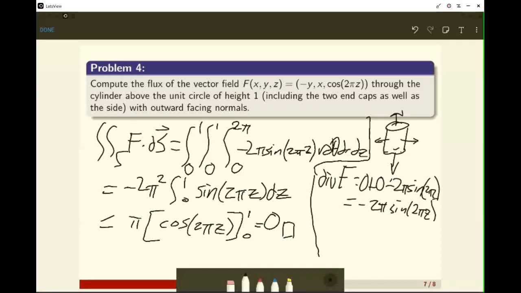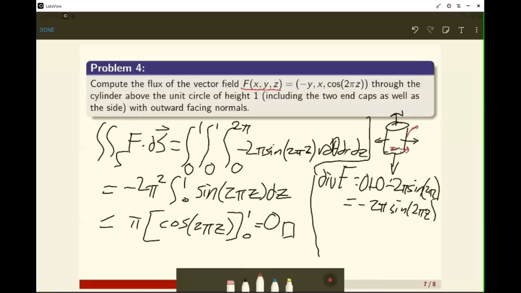And, as usual, does 0 make sense as an answer? And if we think about what this vector field looks like, well, I'm not sure how helpful that's going to be.